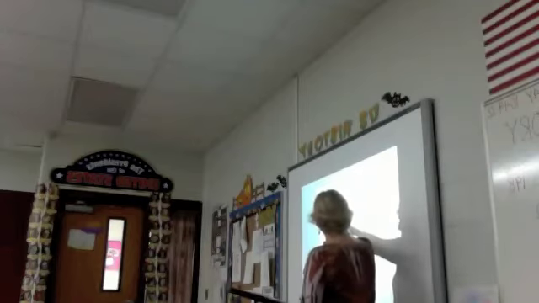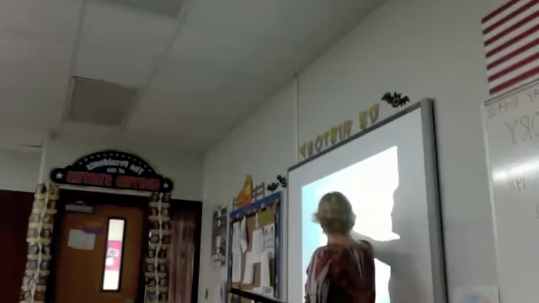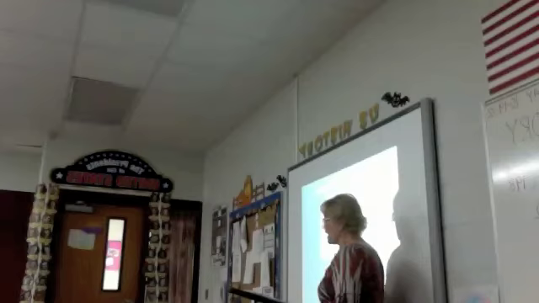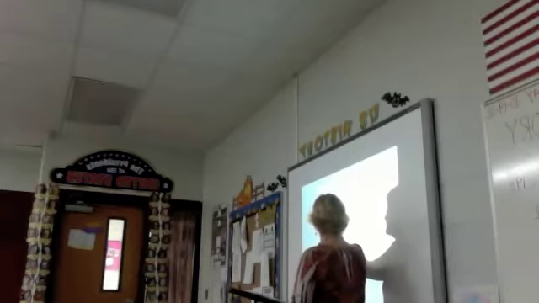Now this is going to be our formula that we're going to use right here. Pi equals 3.14. Circumference is our C, okay? I want you to write this at the top of your page: C equals 2 times pi times the radius. On this circle, the radius is 3 inches.